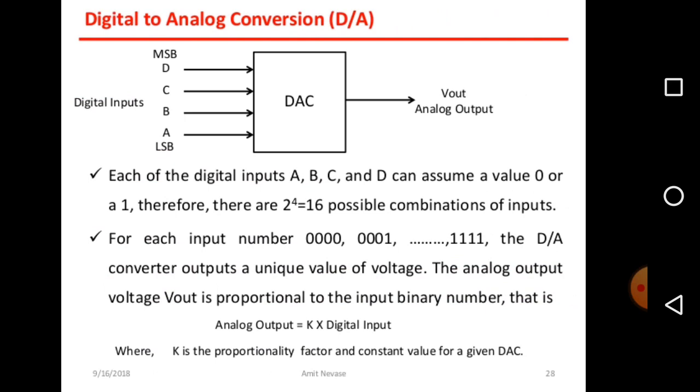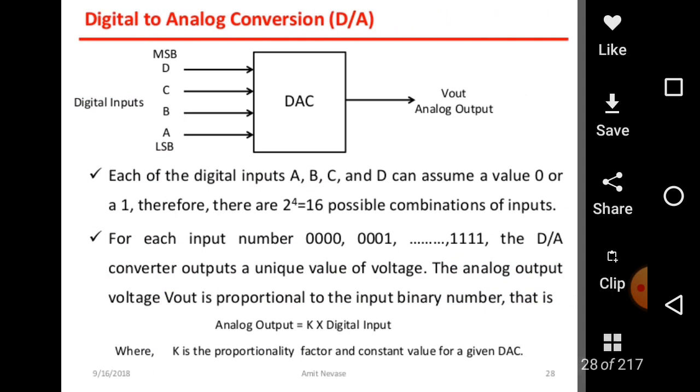Here the input is in the form of digital and you will get output in the form of analog. You can go through the slide. Each of the digital inputs A, B, C and D can assume a value 0 or 1.